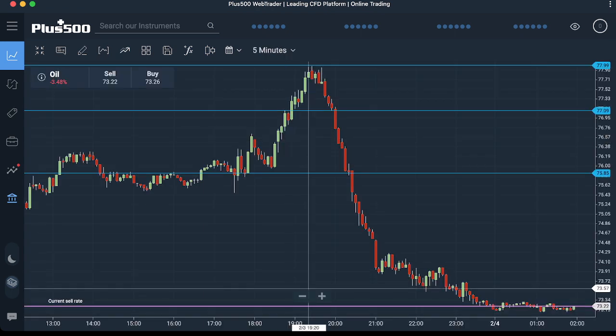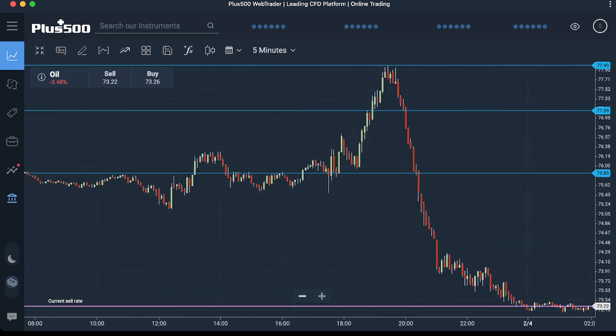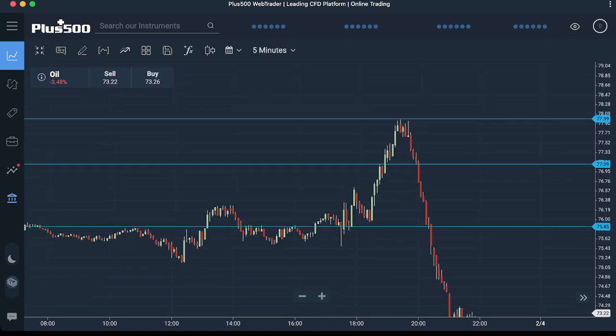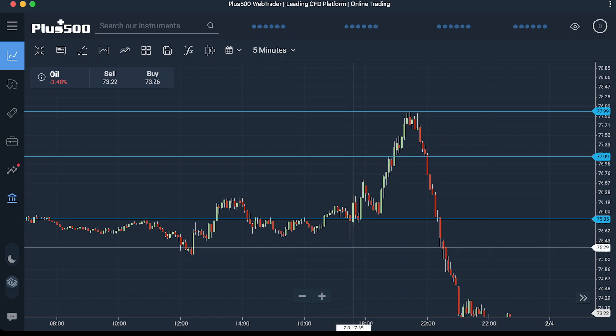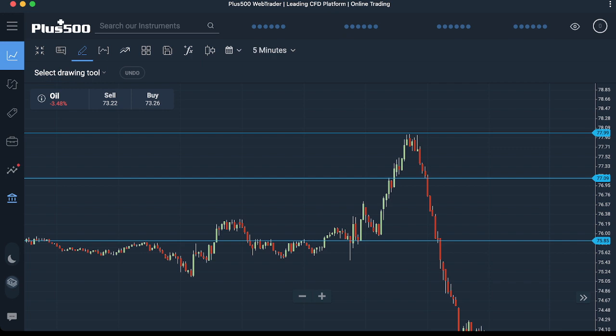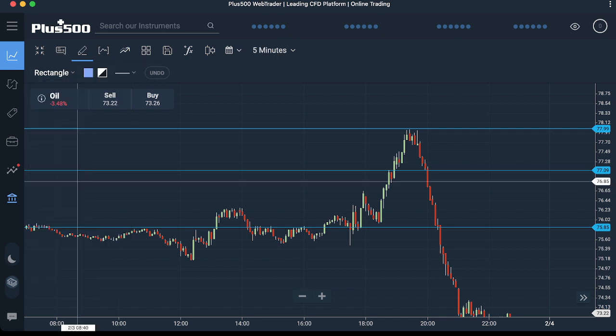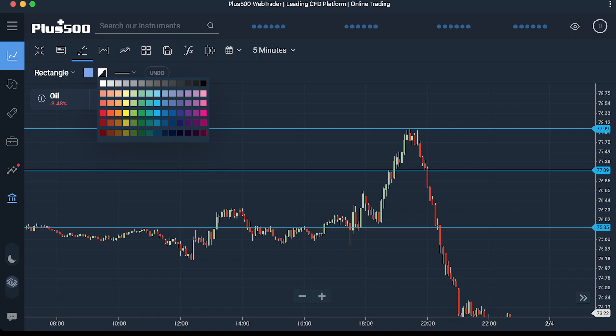Price should approach the point of interest and then get the reaction. So this was yesterday's price action, and let me just highlight the entry, stop loss and take profit for you so you can better see where I'm talking about.